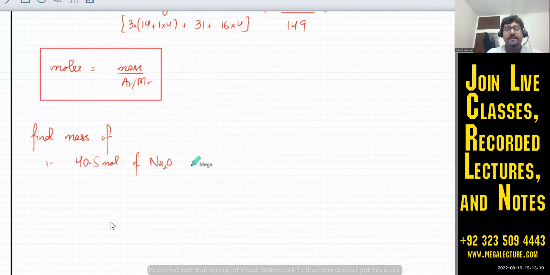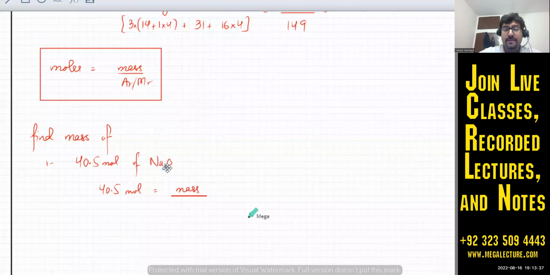So what is the formula? Moles is mass divided by the molar mass, by the MR. And what is the MR of sodium oxide?